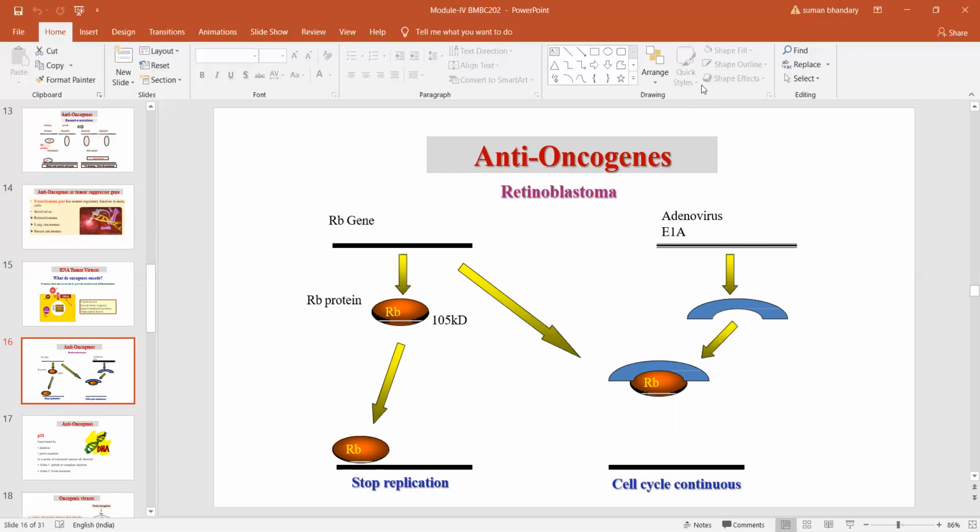Means the RB protein will not associate, will not bind with the DNA, and then the cell cycle will continue. There's nothing regulating the DNA to stop replication. So the cell will continue replication, the cell cycle will continue, so the cell will be immortalized.